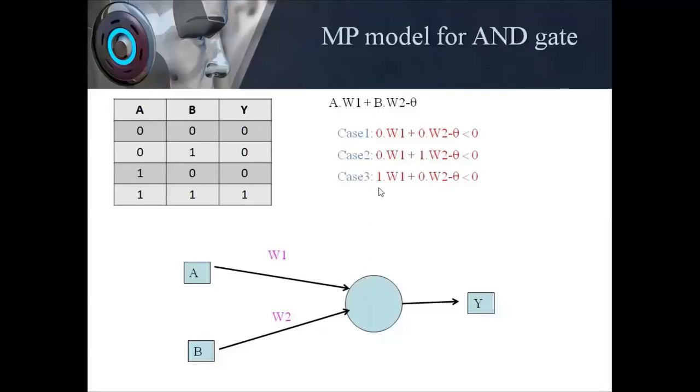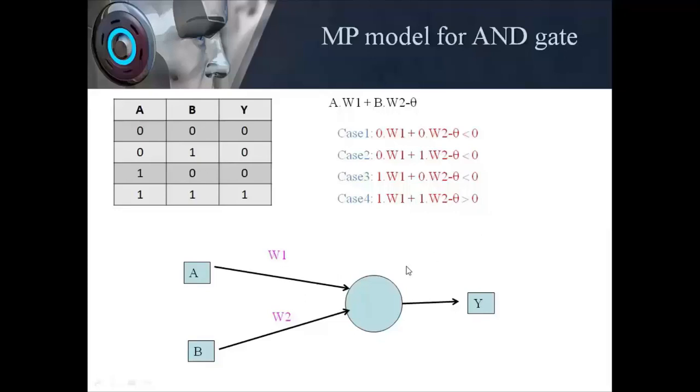In the third case, if my first input A is going to be 1 and my second input is going to be 0, my value of this equation should be so computed using W1, W2 and theta that it should be negative. And finally, my last case, when both my inputs A and B are 1, my value should be positive.